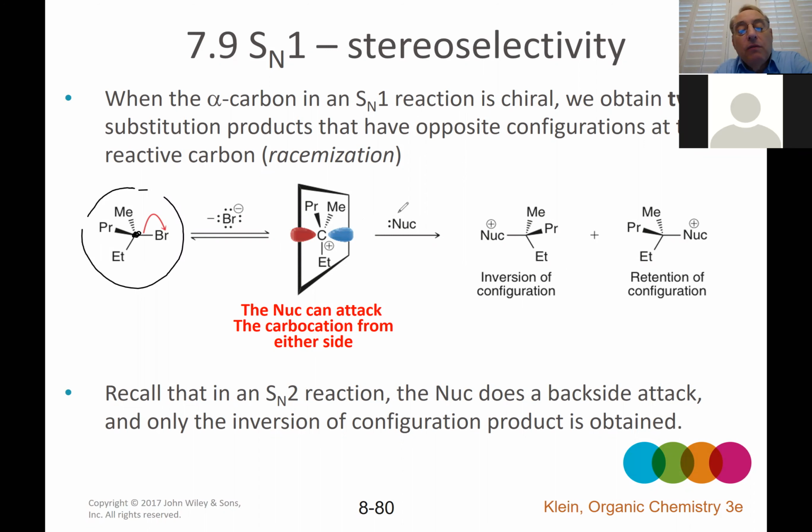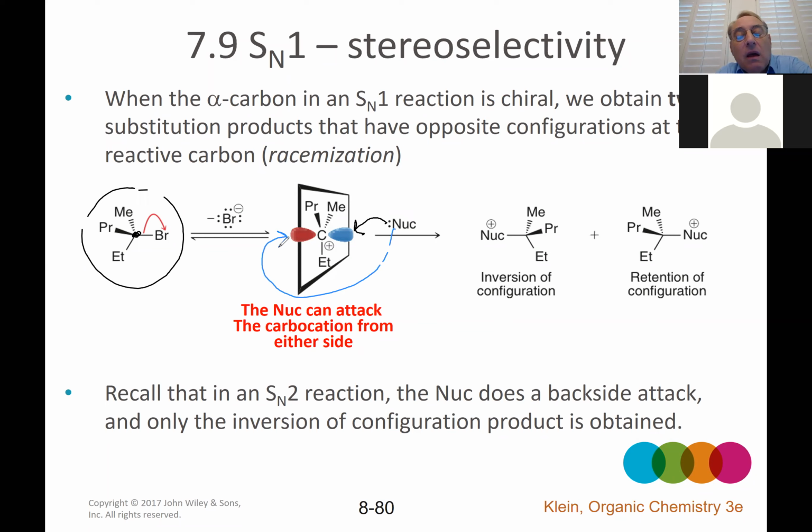So now when a nucleophile comes in, a solvent typically for SN1, where is it going to form a bond? Well, it can come in and form a bond on the right side, or it can come in and form a bond on that side, the back side.